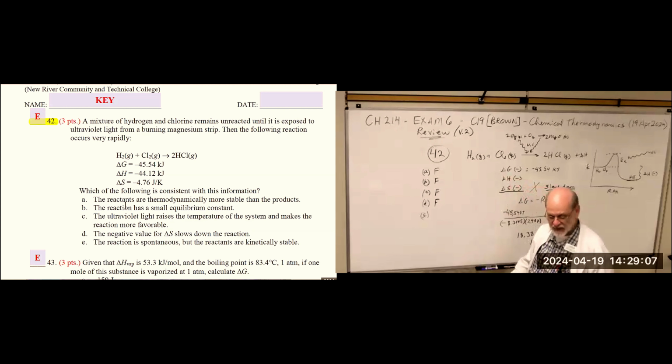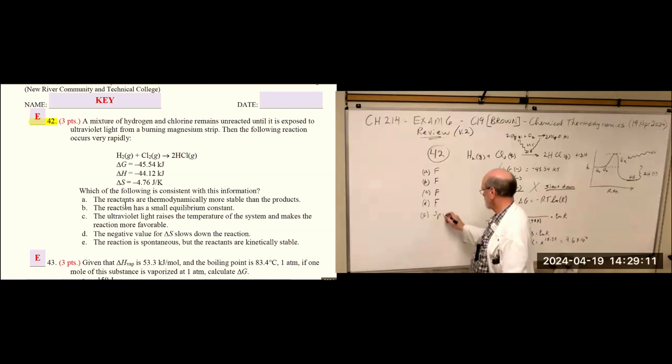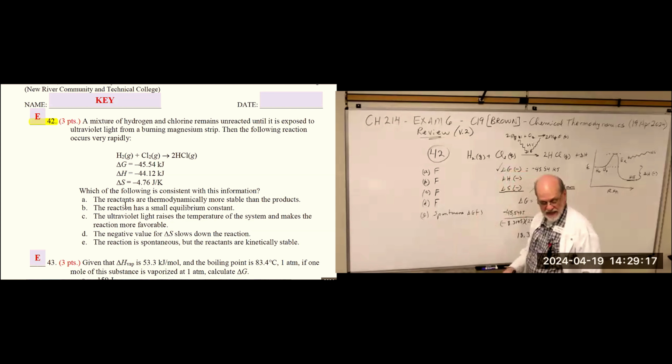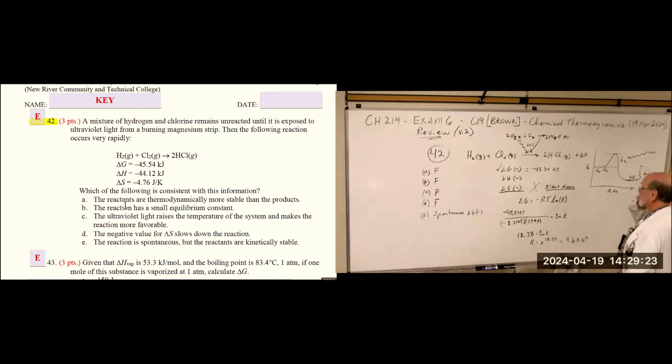Let's see, the reaction is spontaneous. Yes, spontaneous. We know that because delta G is negative. And then the other part is, but the reactants are kinetically stable. Well, yeah, this reaction doesn't happen unless you add the activation energy.